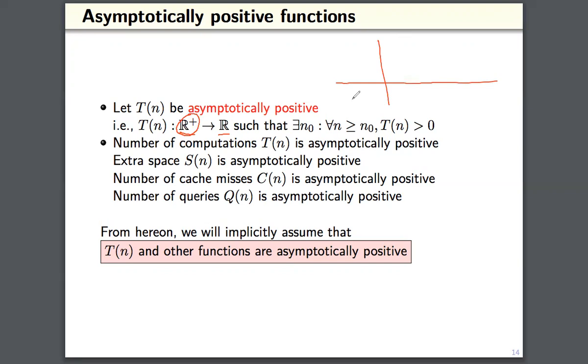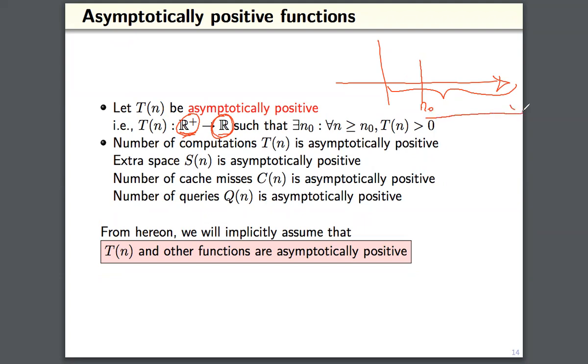So if you have a number line, this is positive reals from here, so on up to infinity. It is defined for this, and the output is a real number such that there exists n naught, right? There exists n naught for all n greater than or equal to n naught.